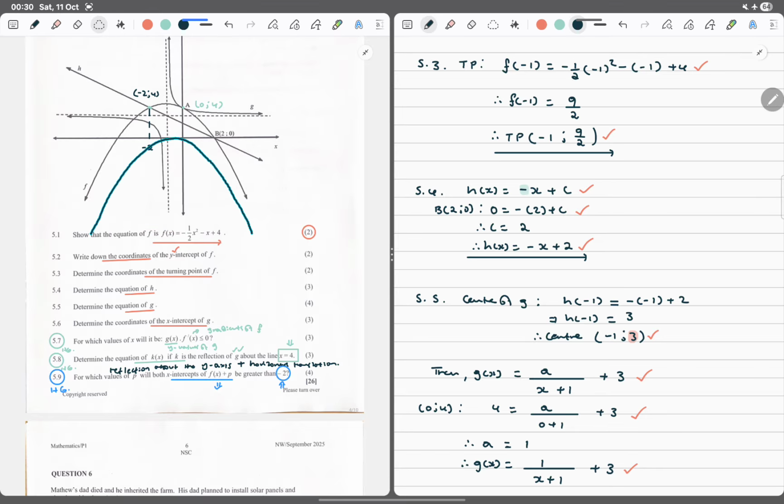But of course, if we shift it further down, such that the turning point is seated down, we only get one root. But remember, this thing said both roots. It means we need 2 roots. So since we're not told they should be equal, seeing that this is a parabola, we would expect that we need the unequal roots. Okay? But again, we can't shift it beyond this distance of exactly the value at the turning point.